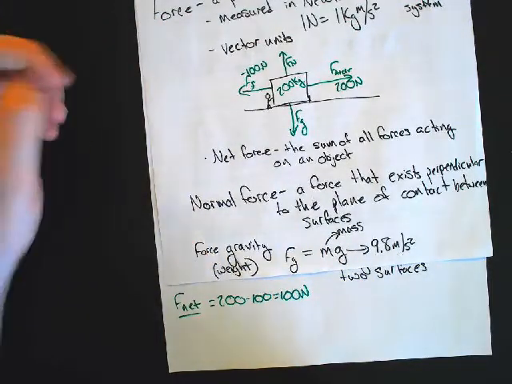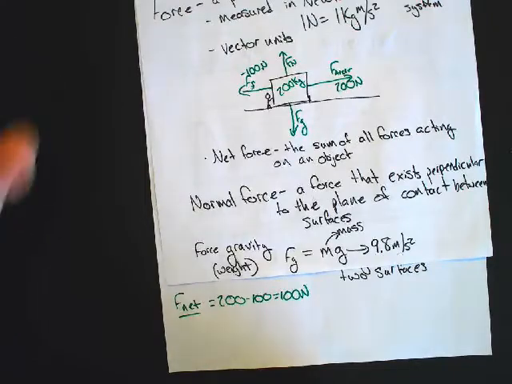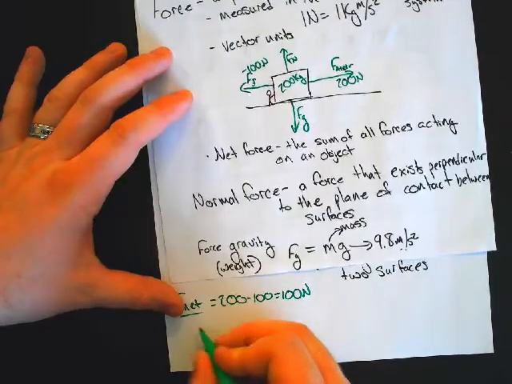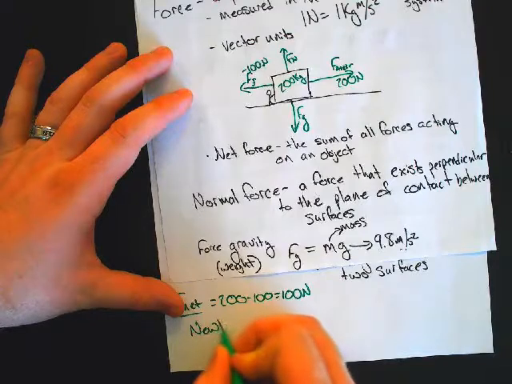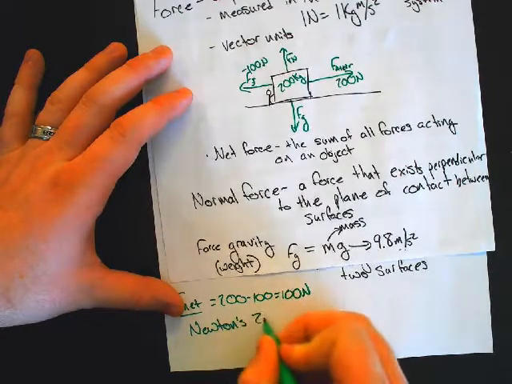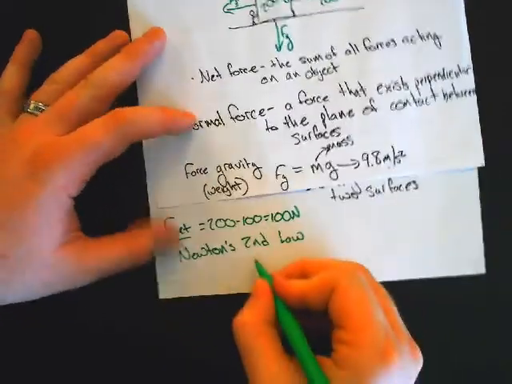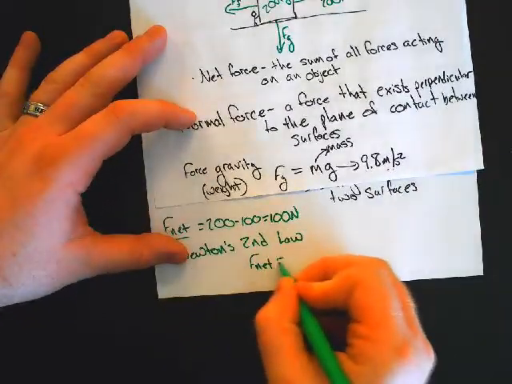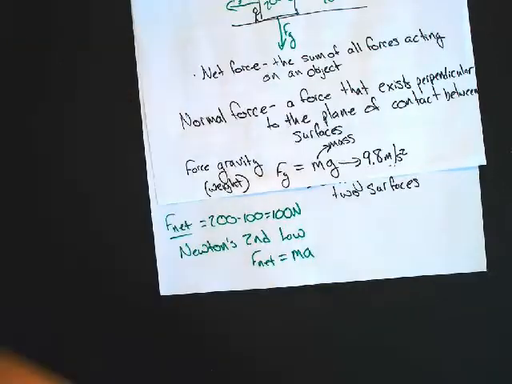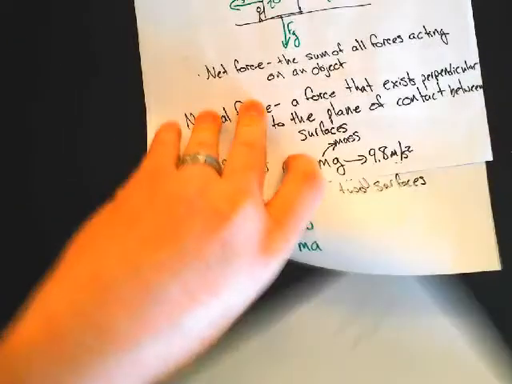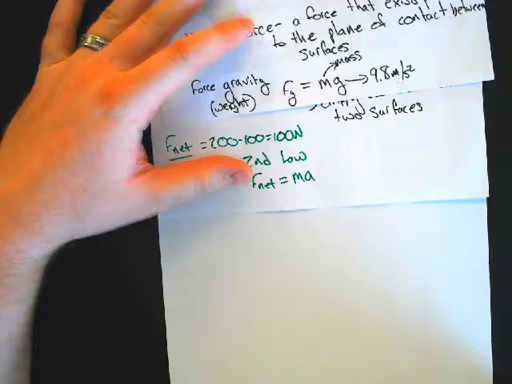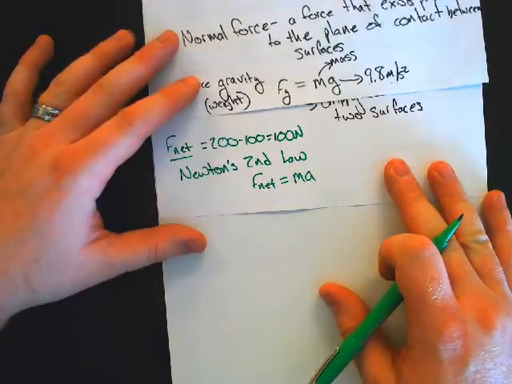Newton's second law tells us that a net force is equal to the object's mass times acceleration. Newton's second law. No, we have not yet talked about his first. F net equals mass times acceleration. I write a lot today. Okay?